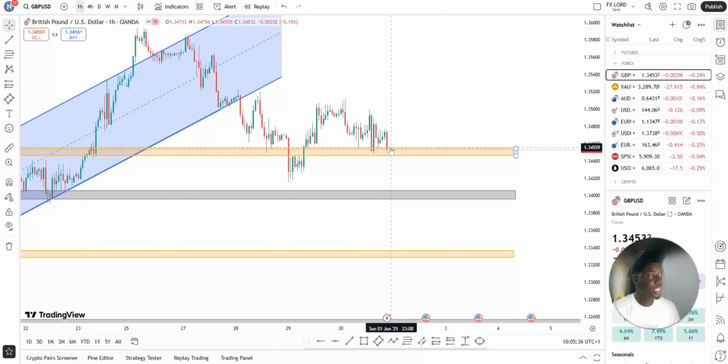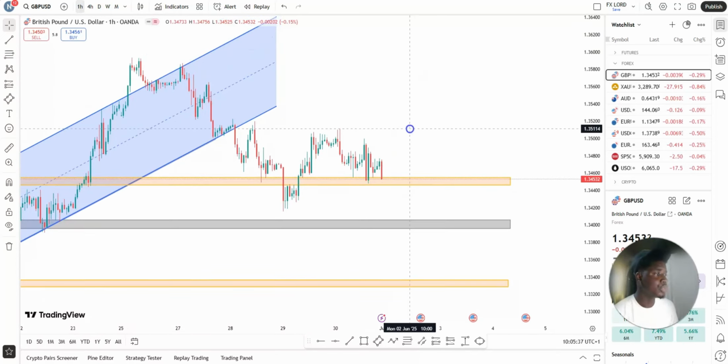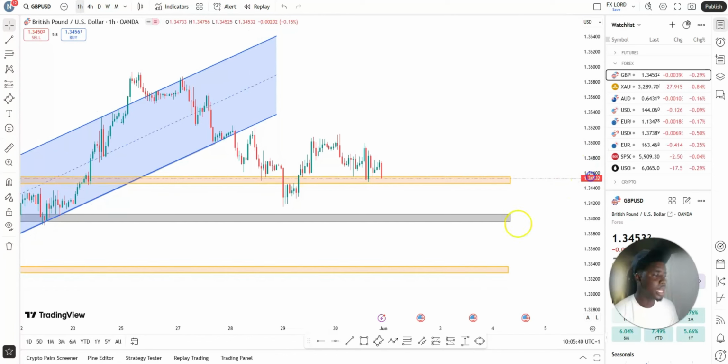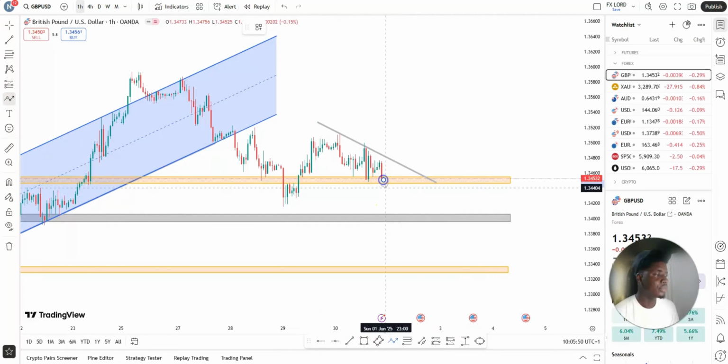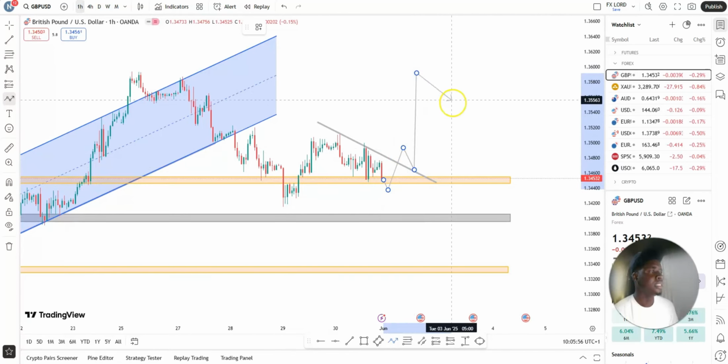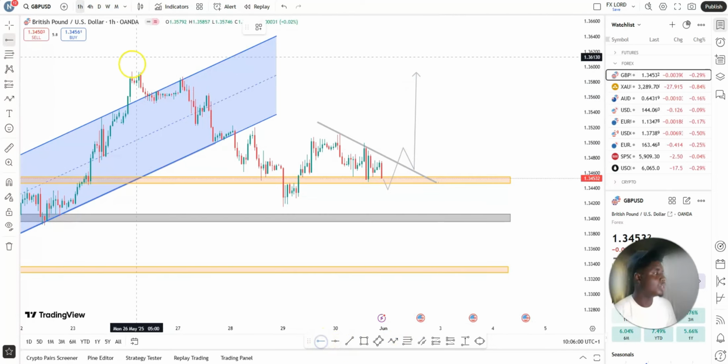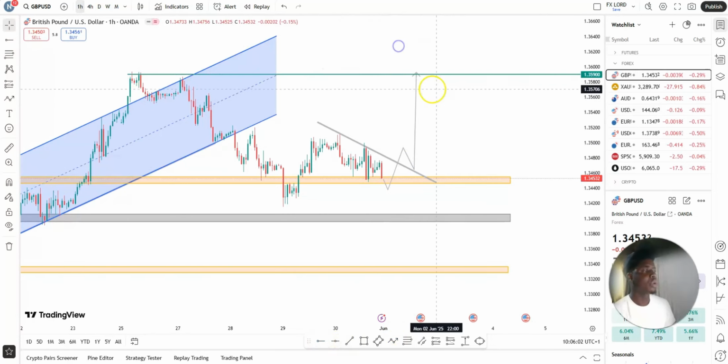So my bullish scenario is going to be price acting this way, finally coming back, breaking through this trend line, and coming back to retest this level.